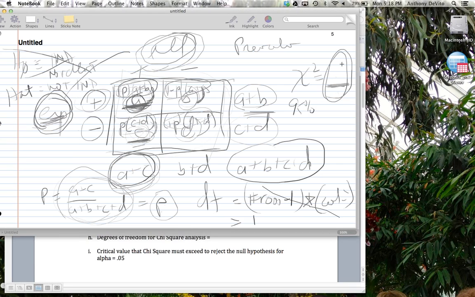Okay, how big does that number have to be? And how large that number has to be depends on the number of degrees of freedom. Number of degrees of freedom depends on the number of boxes.